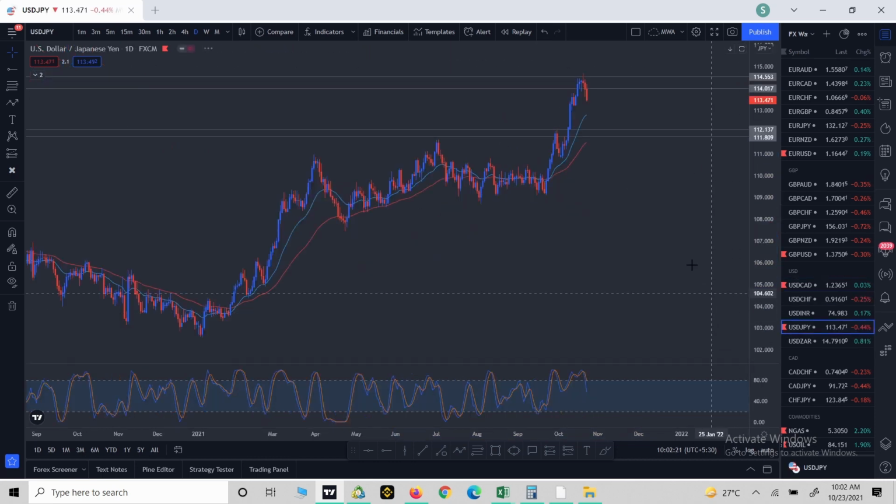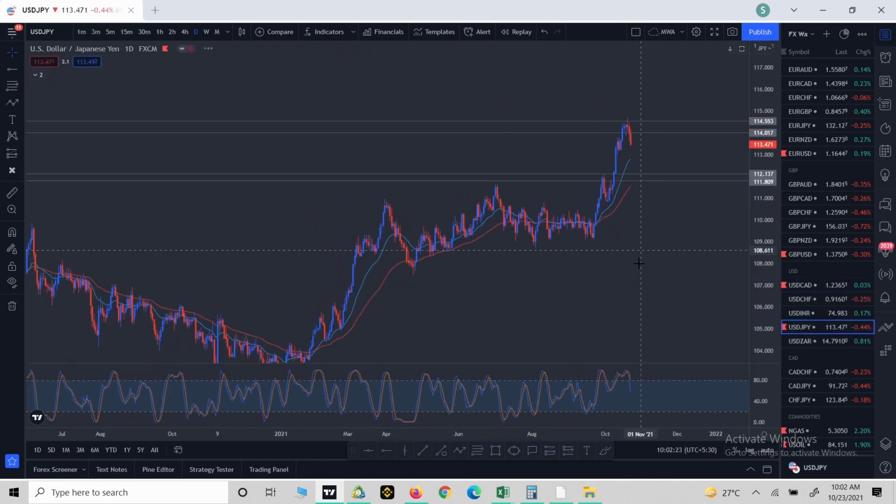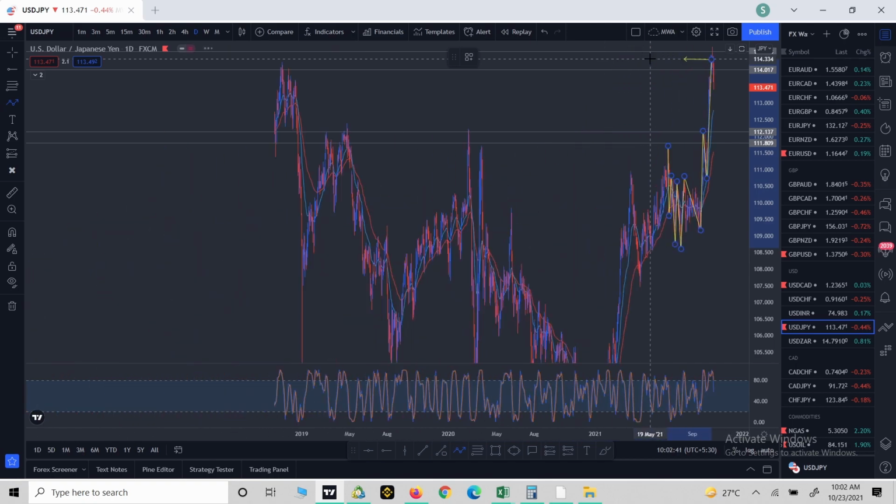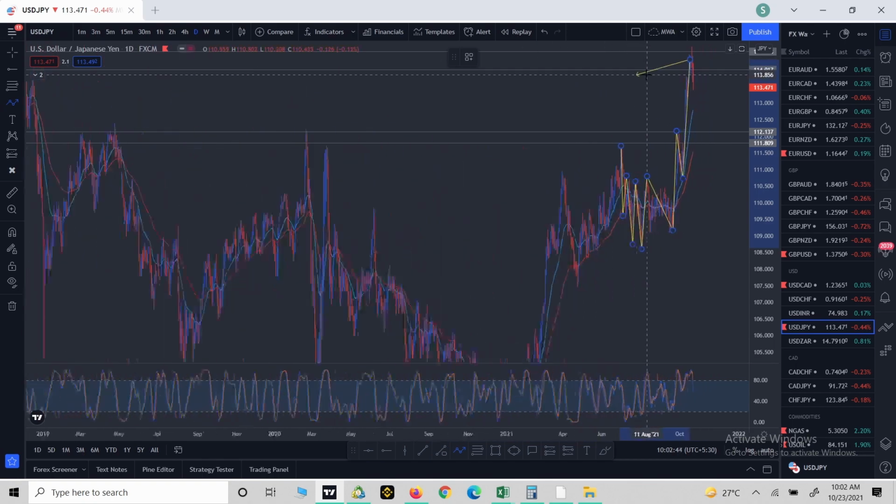Next, it's USDJPY. Starting from here, we have the low, lower, same high, lower low, same high, higher low, high as compared to the previous low, then higher high, higher low, and now the price hit the resistance zone as we expected last week.